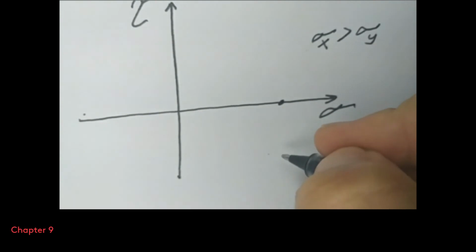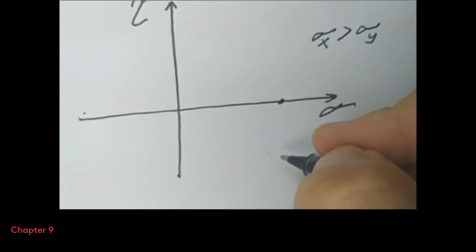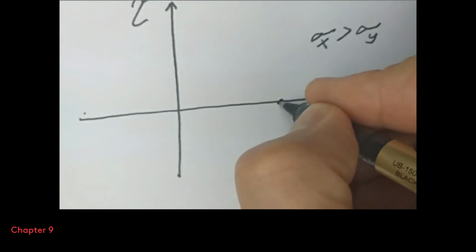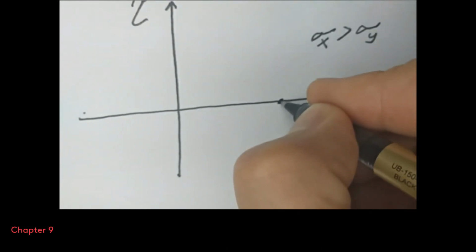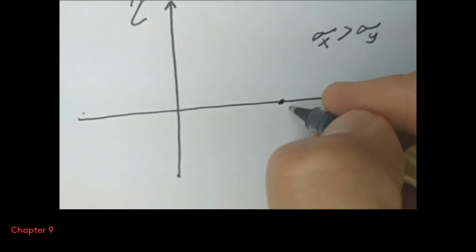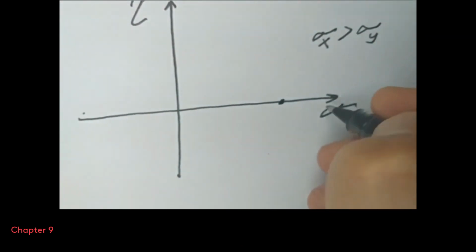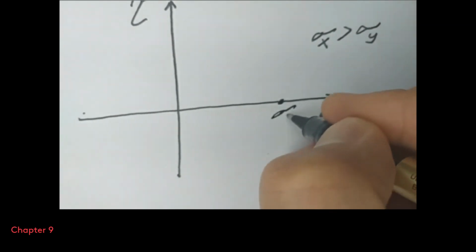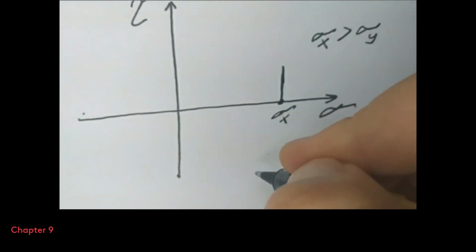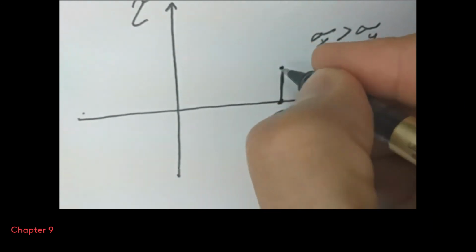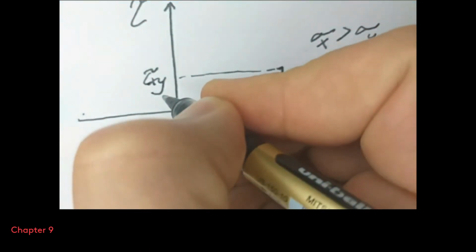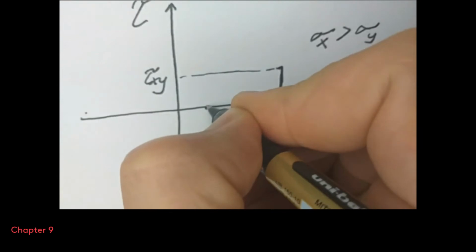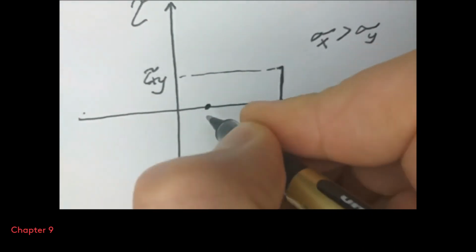Then I draw a line for the shear stress. So this is tau xy. Then I do the same thing for sigma y, but in this case I draw the shear stress in the opposite direction, so minus tau xy.